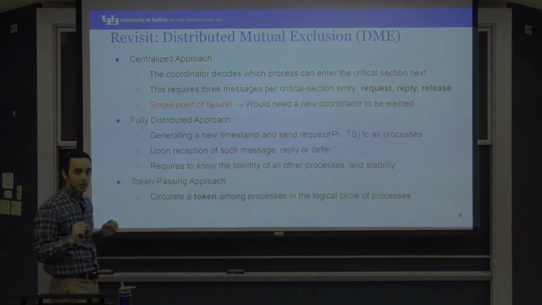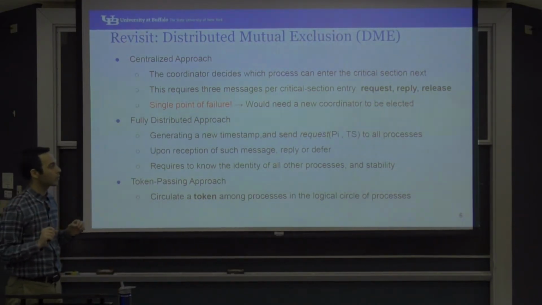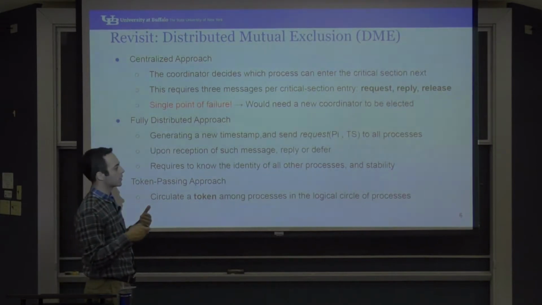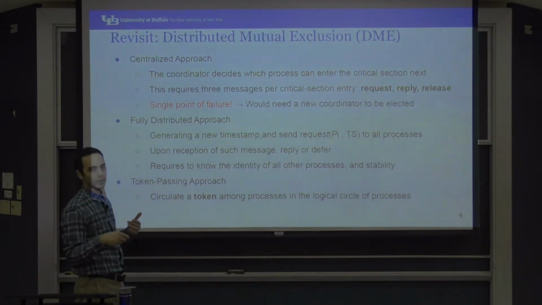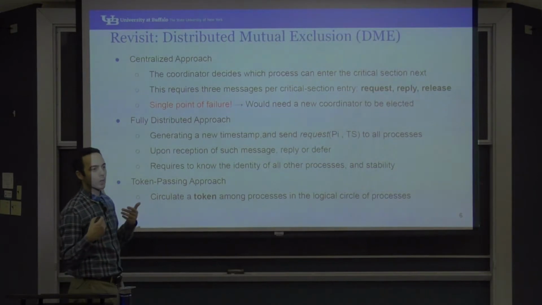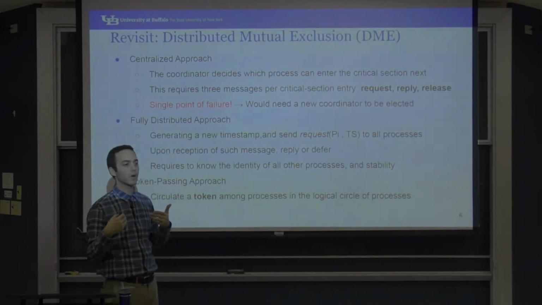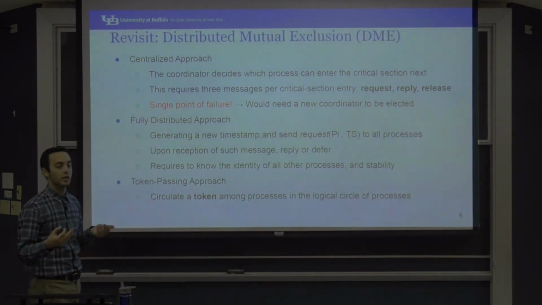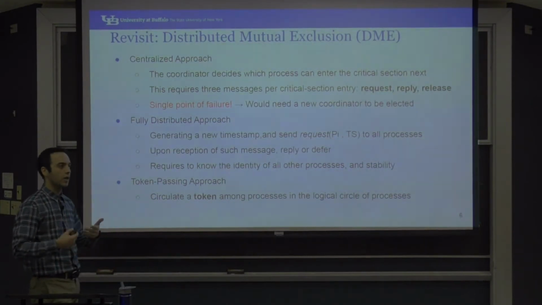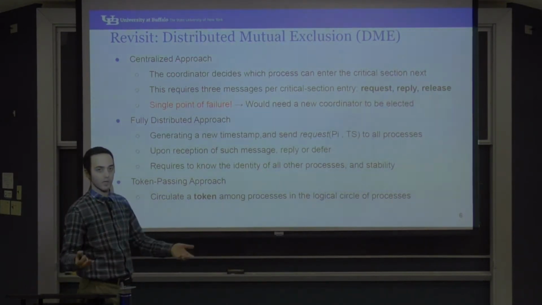Now, if they do have the intention, the tie breaking happens with the timestamp. When they indicated their intention of entering the critical section, they also generated a timestamp and sent it to everyone.